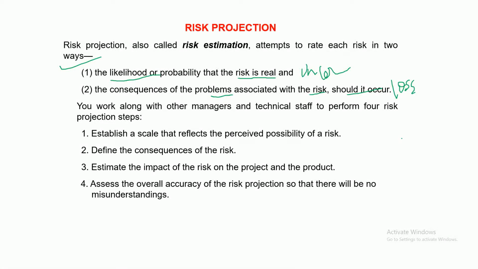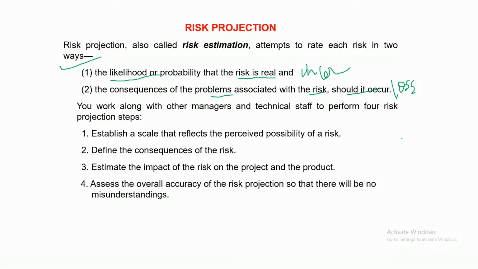So uncertainty means it may happen, it may not happen. When you say it may happen, what is the probability of its happening? It's 50% probability, 60% probability, 10% probability. What is the estimation? If it happens with that probability, then what are the consequences of the problem associated with the risk? Consequences means the loss associated with the situation.